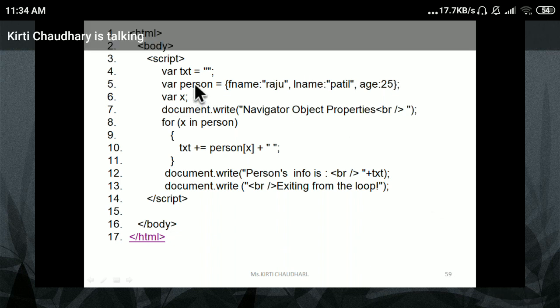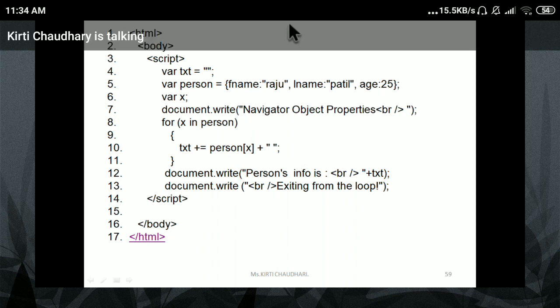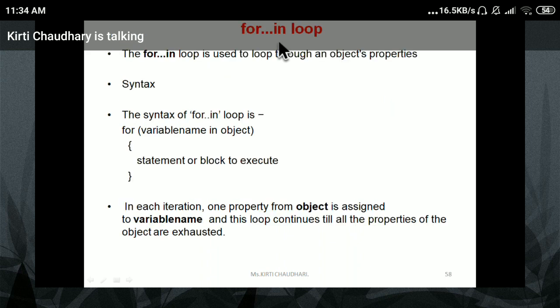It is a variable of type object and it has properties and values. Okay, clear? So basically for in is used for object.